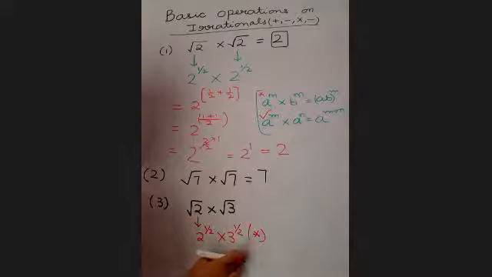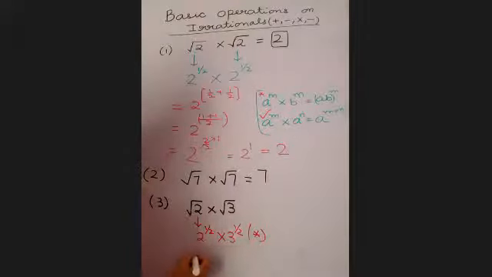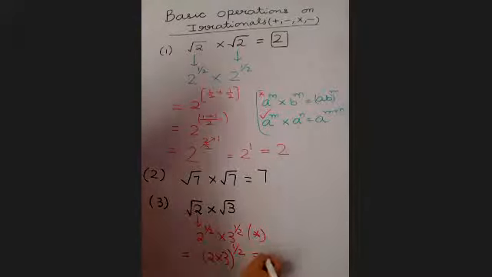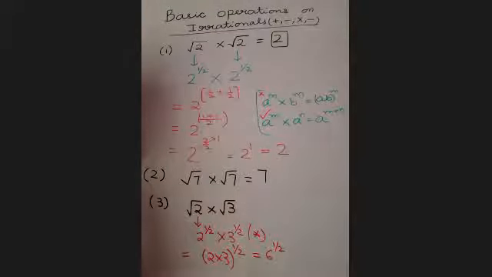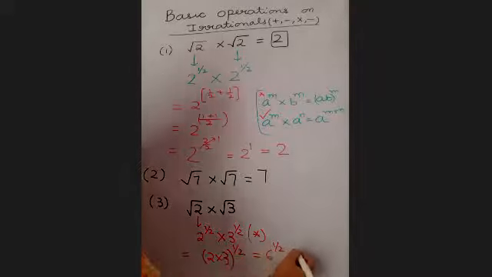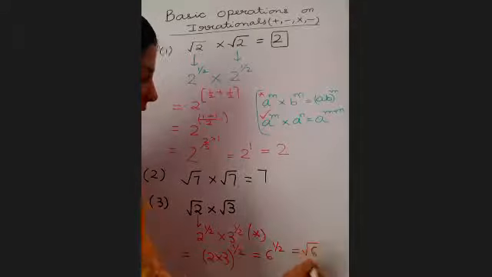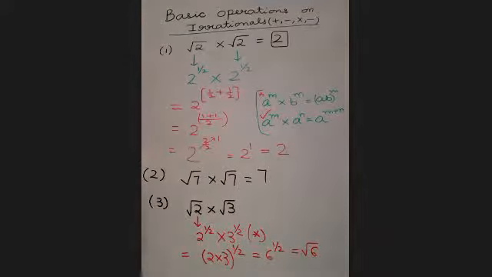So this is 2 into 3 raised to the power 1 by 2, which means 6 raised to the power 1 by 2. And 6 raised to the power 1 by 2 means root 6. So root 2 into root 3 becomes root 6.